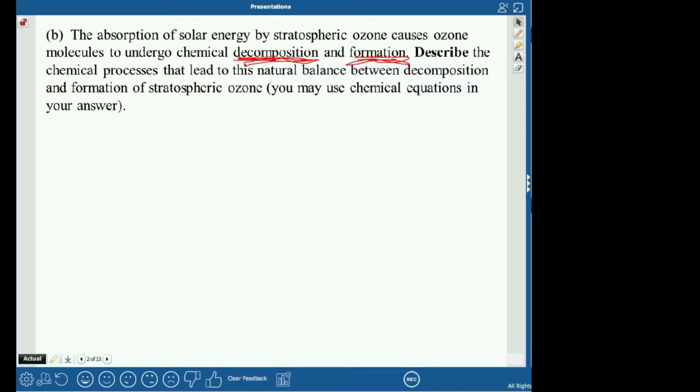This is where I think this part is kind of hard. For example, if I was going to do the equation, we have ozone plus UV light equals O2, which is normal oxygen, plus an O radical. Basically, it's a charged ozone.